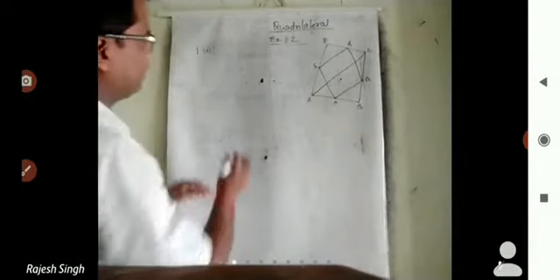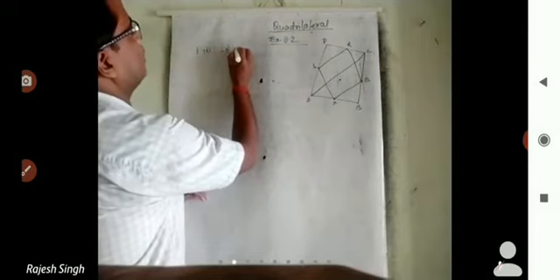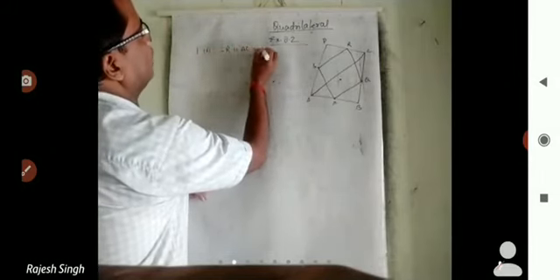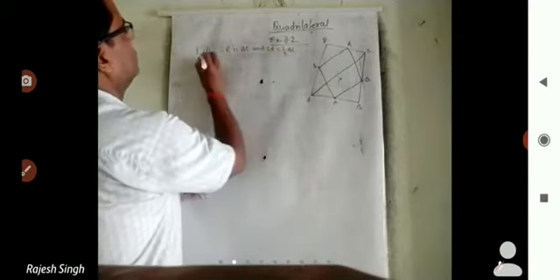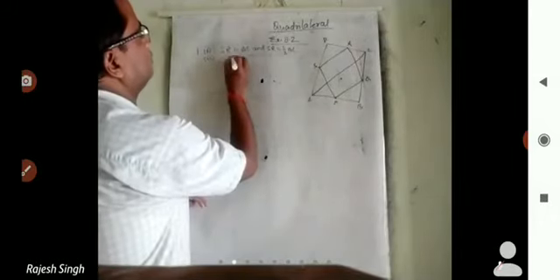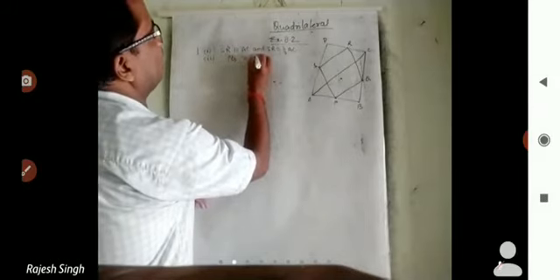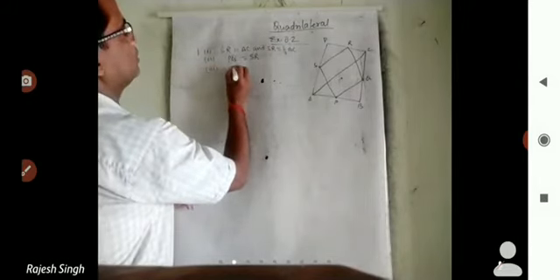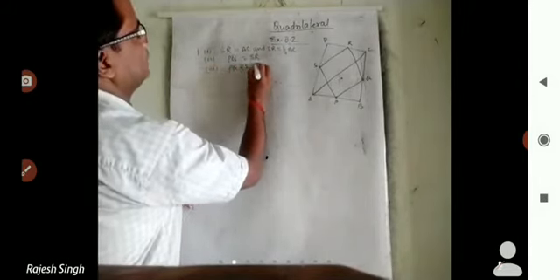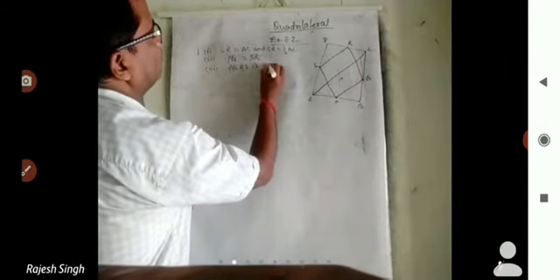We prove question number 1. First part, prove SR is parallel to AC and SR is equal to 1 by 2 AC. Second part, we want to prove PQ is equal to SR. Third part, we want to prove PQRS is a parallelogram.